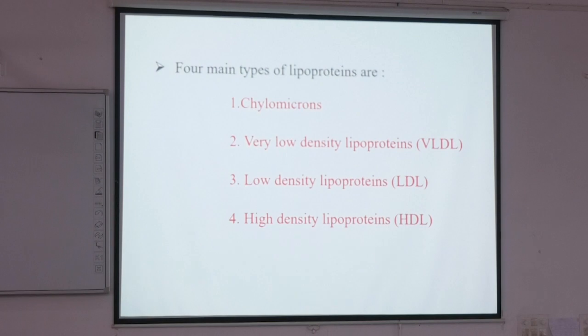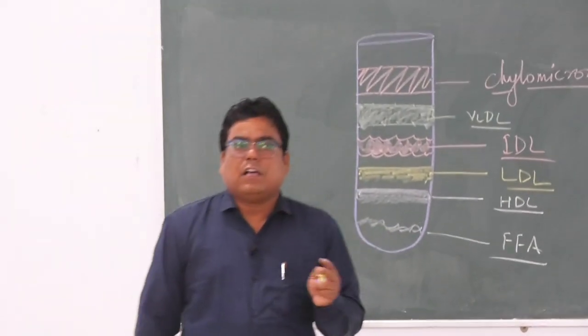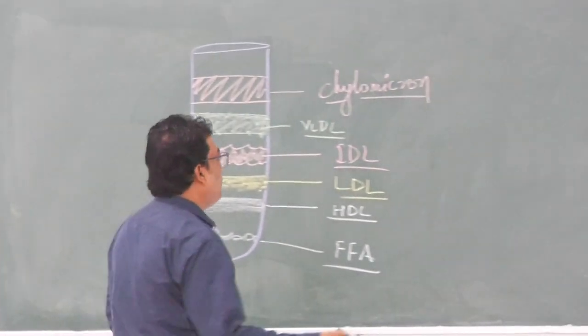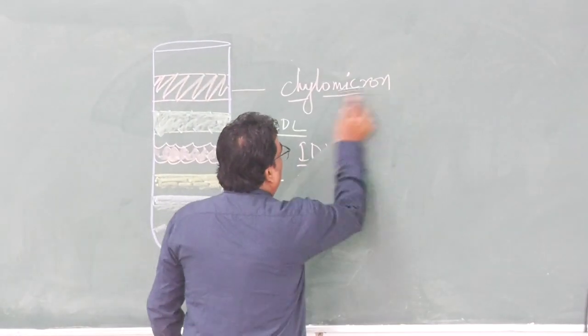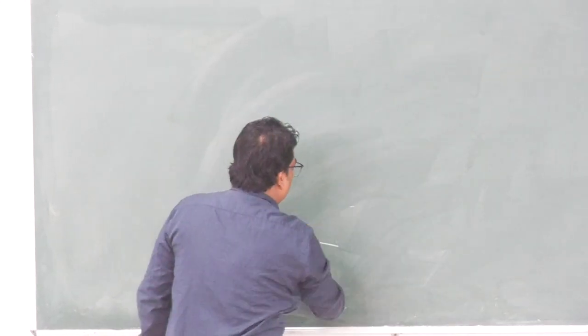So, these types of classification we get through two main important processes. The first one is on the basis of density and the second one is on the basis of electrophoretic mobility. Now, we see the main structure of the lipoprotein molecules.